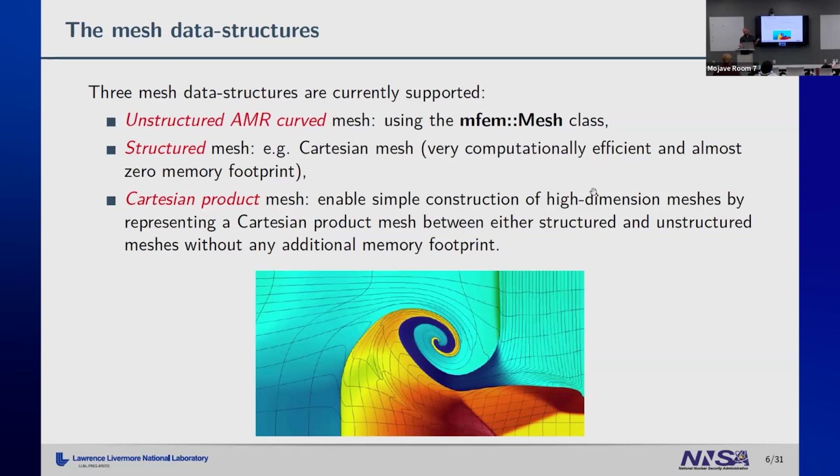The nice thing about this Cartesian product is that it's a lazy data structure, so it doesn't compute anything when you build it. It just computes the cells of the mesh when you request them on the fly. This way you have a very low memory footprint, and the computational cost is also not very high.